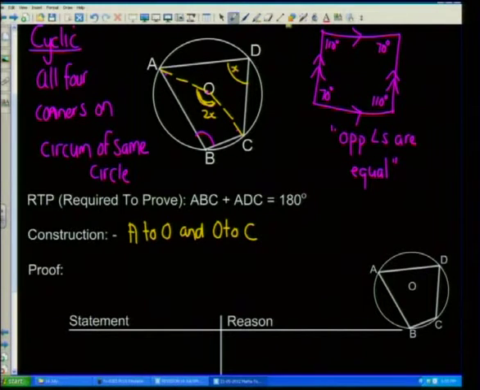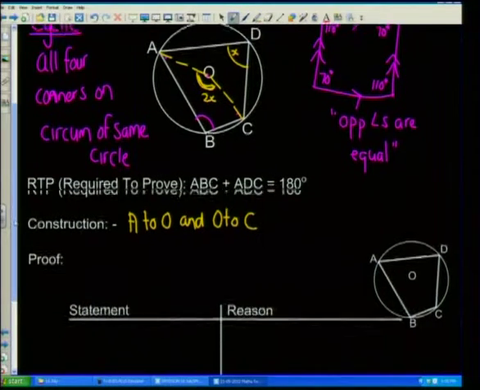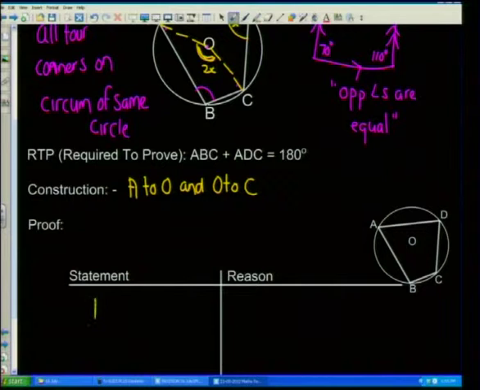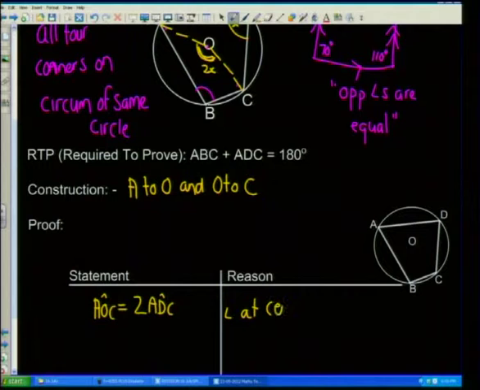Why? Because of that body of theory that we had from previously, theorem 2. So what we are going to do is we are going to say that AOC is double ADC, and that's because of angle at center twice angle at circumference.